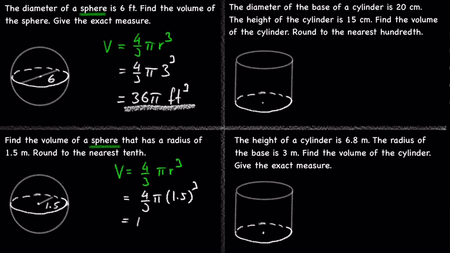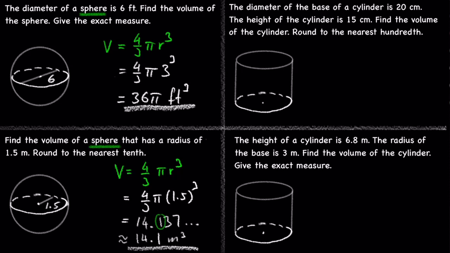So we get 14.137 and so on. This is the tenths place, and the number next to it is the 3. So we have to round the number down. The volume of this sphere is approximately 14.1 cubic meters, rounded to the nearest tenth.